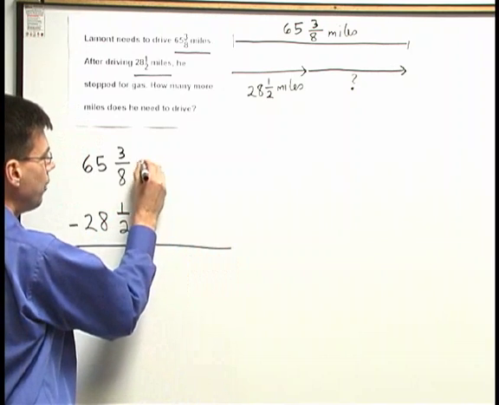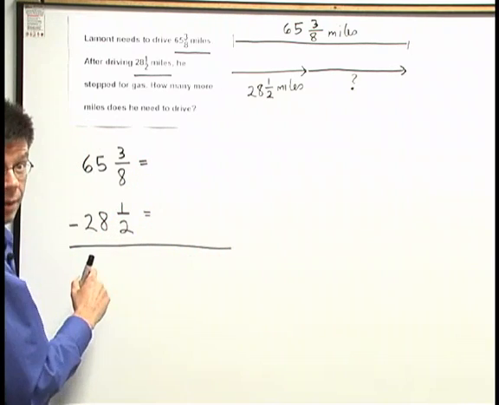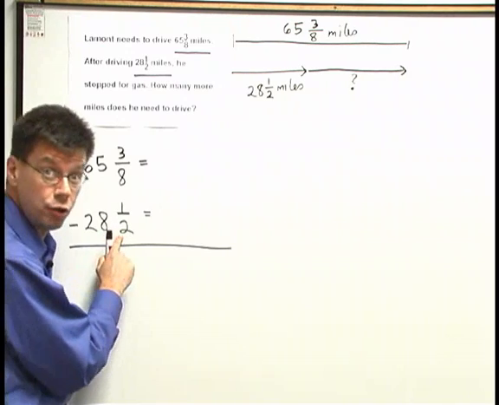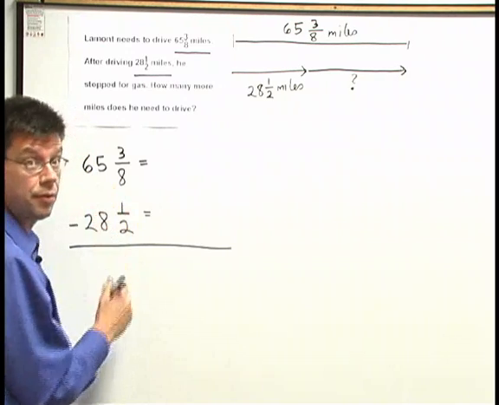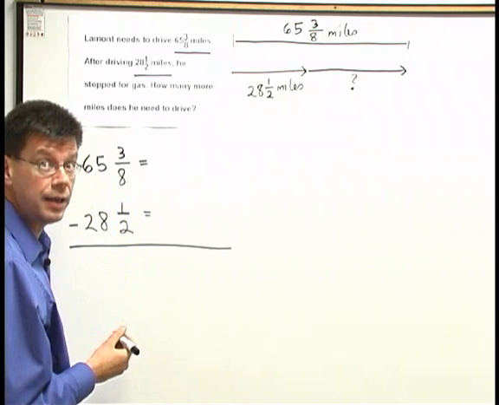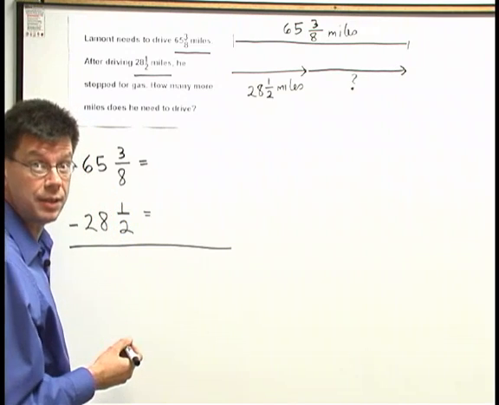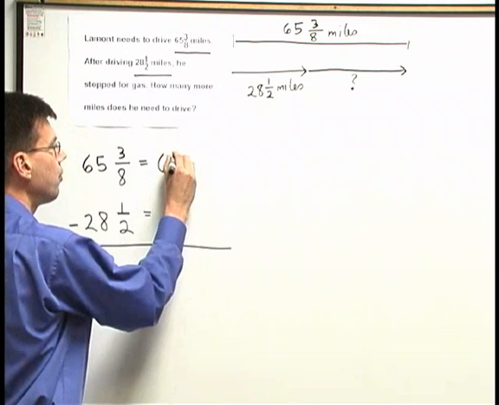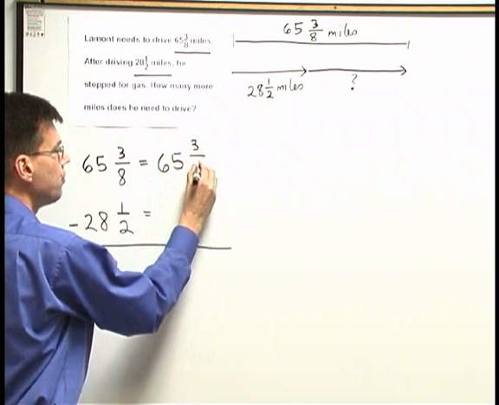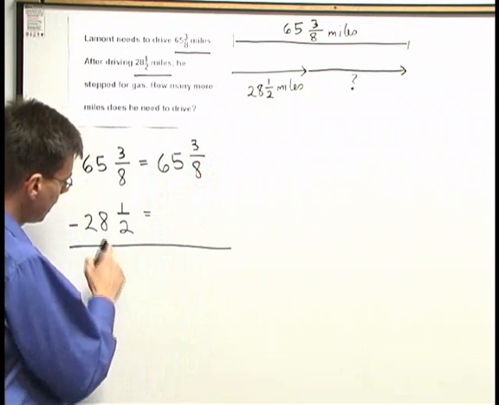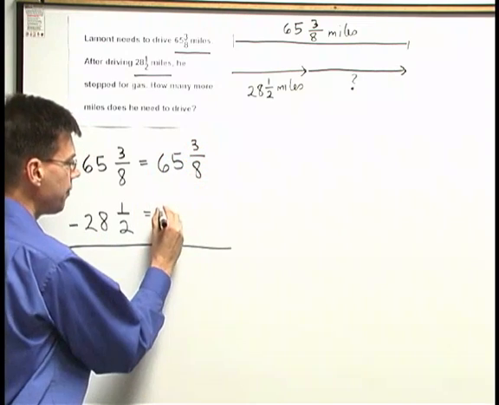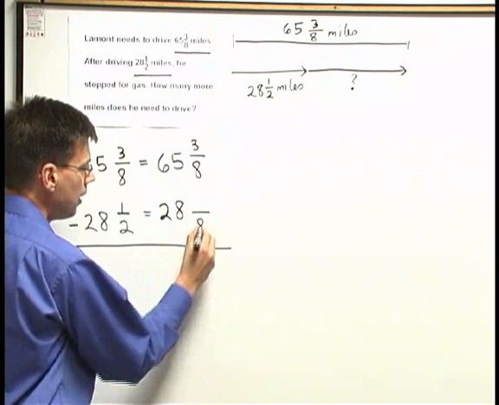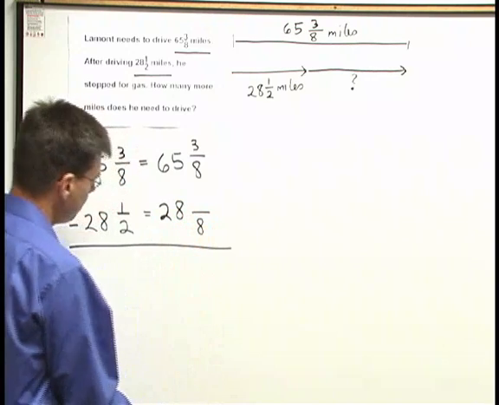In order to subtract, I need a common denominator here. And because this denominator, 2, goes into the other denominator, 8, I can use 8 as my common denominator. So 65 3/8, I'll just recopy as is. 28 1/2, I want to rewrite as 28 and so many eighths.